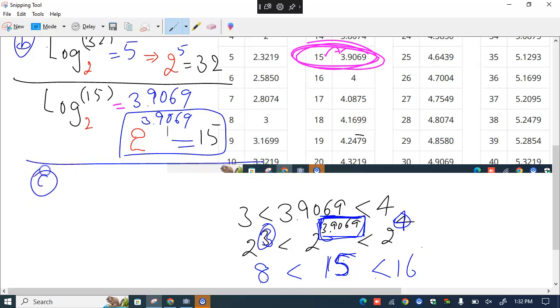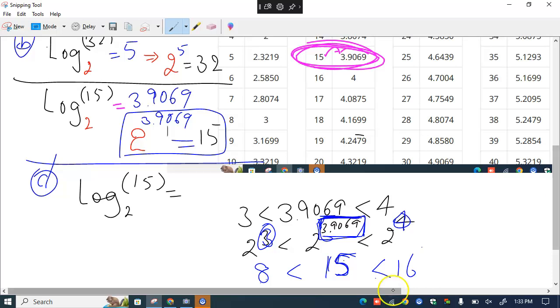Let's see the D part, the last one. So log base 2 of 40.